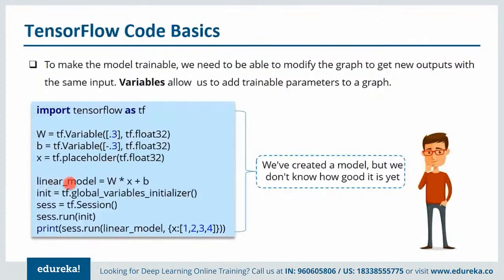Then we create a linear model, or some operation in which we multiply W with X, and then add a bias, or a B value, to it. Then we need to initialize all the variables in the TensorFlow program. For that, you must explicitly call a special operation, tf.global_variables_initializer, and then just run the session. Now let us go ahead and execute this practically, guys.